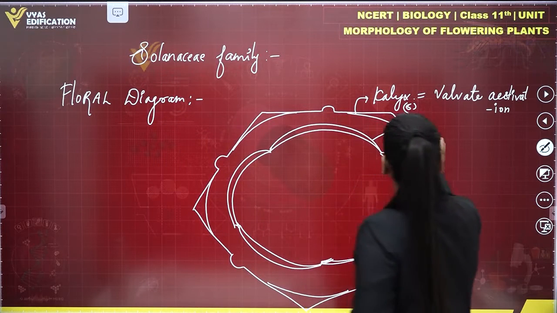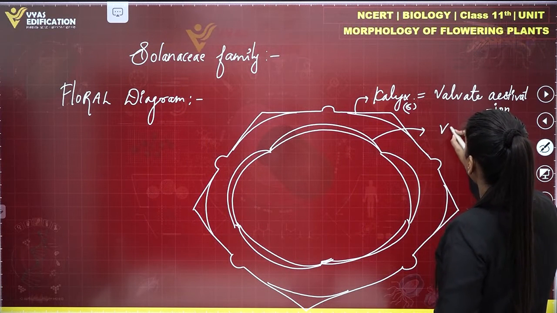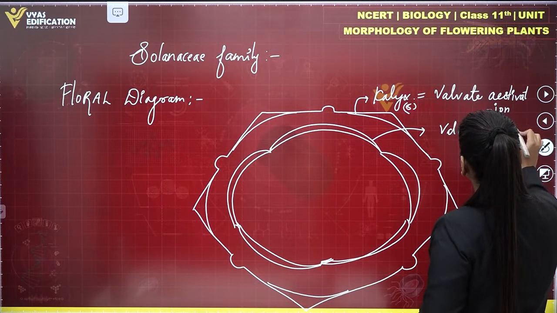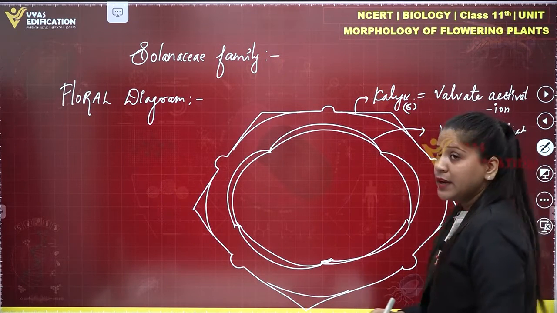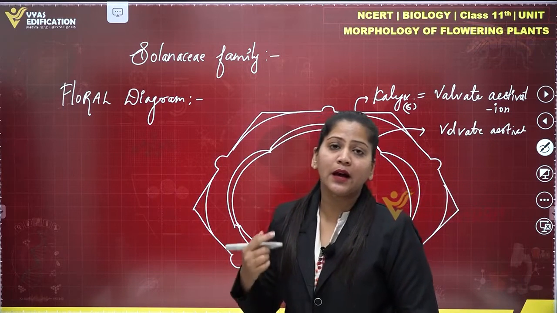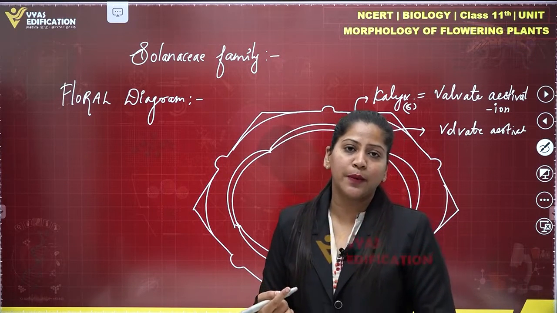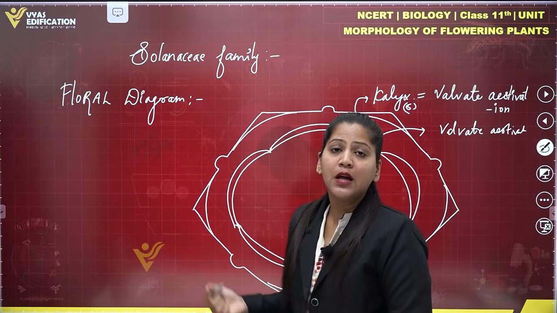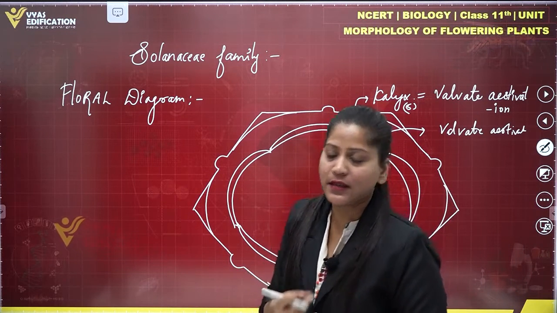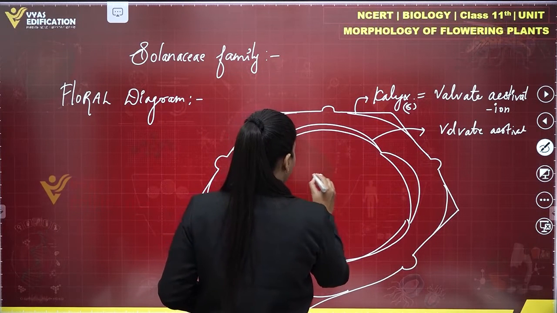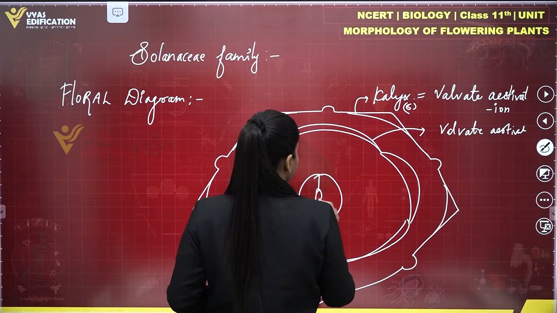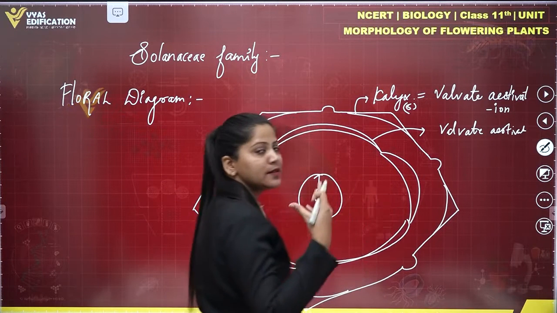And these petals or corolla also have valvate estivation. Now they have a bicarpellary syncarpous superior ovary along with axile placentation. So they have bicarpellary condition along with axile placentation.